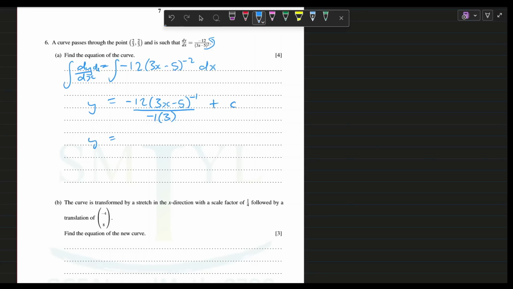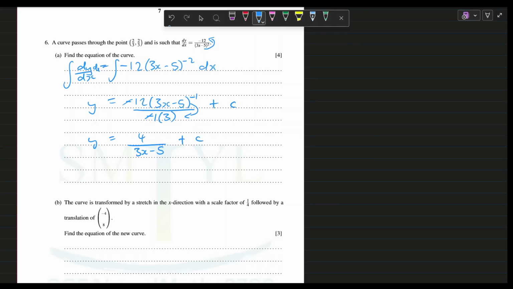So y is equal to, our negative signs would cancel out here, and you end up with 12 over 3, which is a 4. And I'm going to bring this (3x minus 5) to the negative 1 down to the numerator, so that is just 3x minus 5 here, plus our constant.